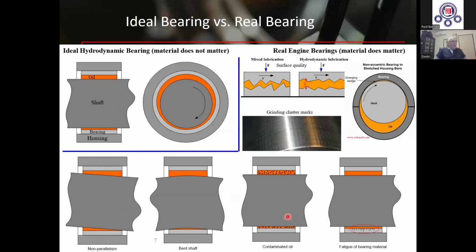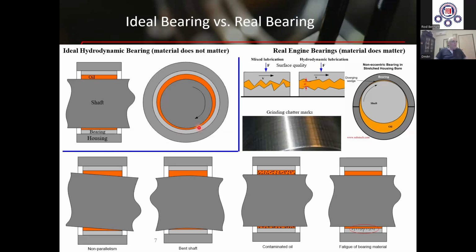As I told you, engine bearings are hydrodynamic bearings, but they are not always hydrodynamic. Look at this image. If the shaft is perfectly round, straight, and parallel to the bearing surface, if the bearing is perfectly round and straight, if the oil is clean, in other words, if the bearing is ideal, then it works in the purely hydrodynamic regime of lubrication, this one.